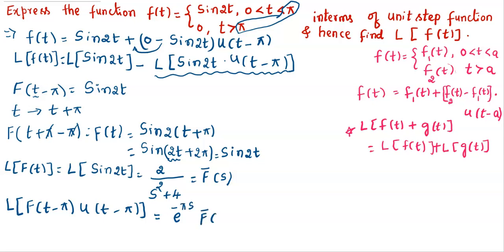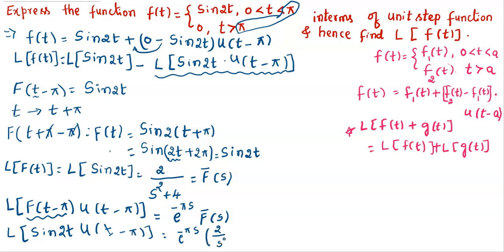Here F of t minus pi is sine 2t, into u of t minus pi, and this is equal to e to the power of minus pi s, times F bar of s, which is 2 divided by s square plus 4.